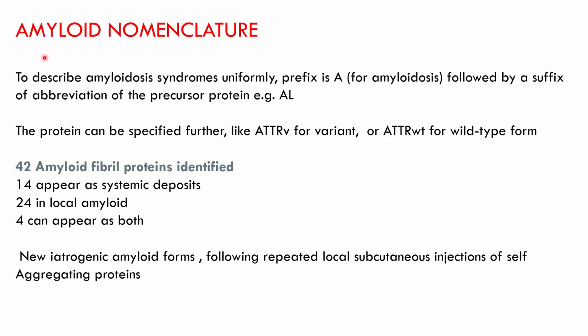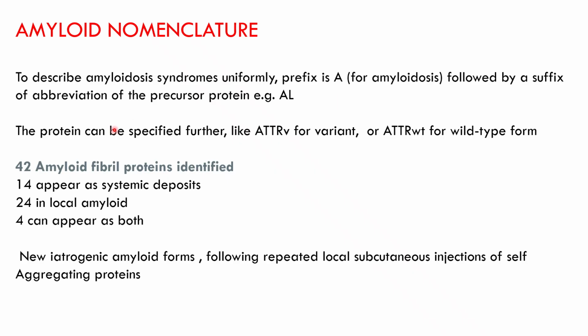So, what is amyloid nomenclature? To describe the amyloid syndrome uniformly, as I told in the previous slide, the prefix is A, for amyloidosis, followed by the suffix of the abbreviation of the precursor protein. For example, AL: A is for amyloidosis, L is the abbreviation of the precursor protein, light chain.